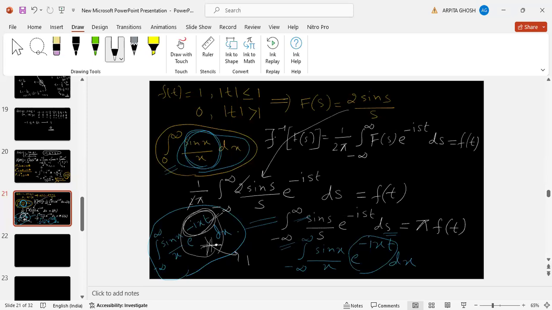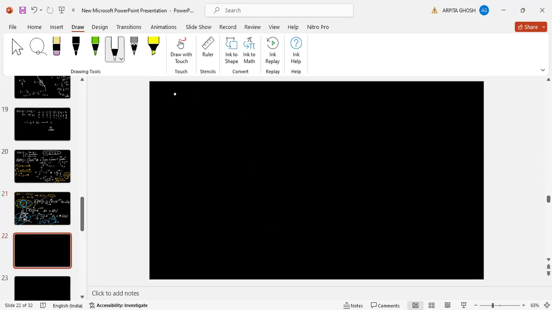because this expression is, আরেকবার লিখি তাহলে বুঝতে সুবিধা হবে। This expression is Fourier inversion of capital F of s is equal to 1 by 2 pi minus infinity to plus infinity capital F is e to the power minus ist ds, and that is equal to f of t.